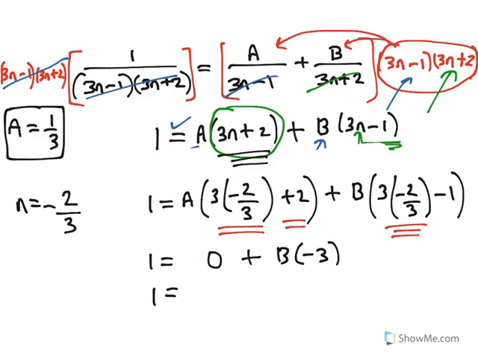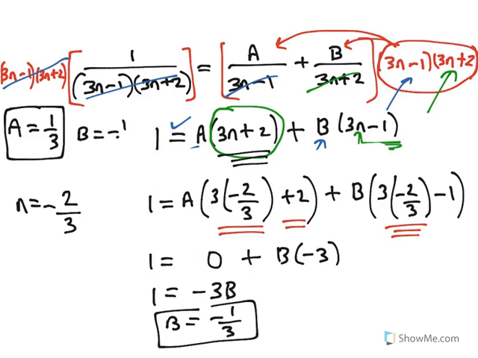So we have 1 is equal to negative 3b, so b is equal to negative 1/3. So now we know both a and b. B is equal to negative 1/3, and a is equal to positive 1/3. So with that, we have actually found the partial fraction decomposition.